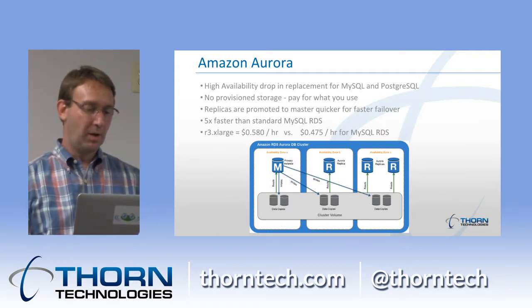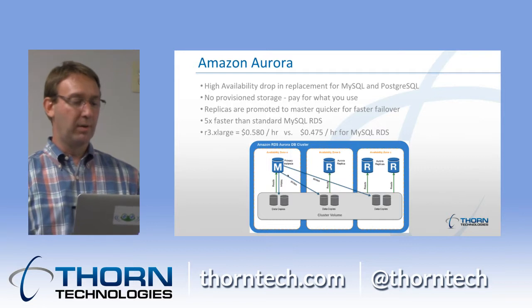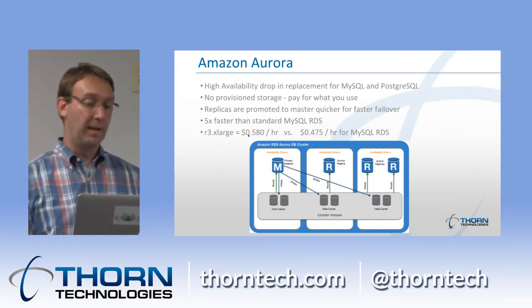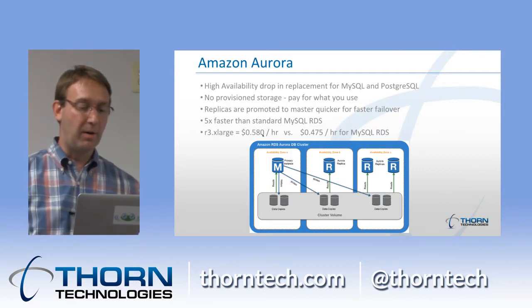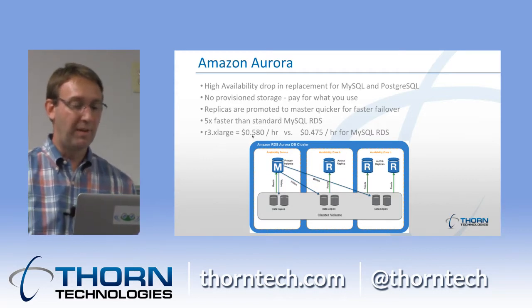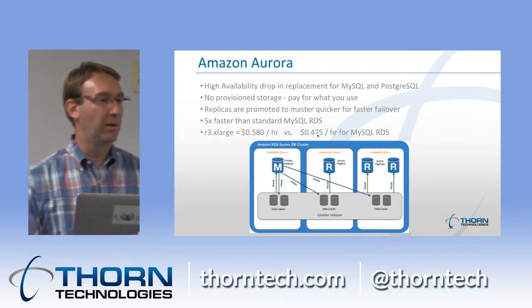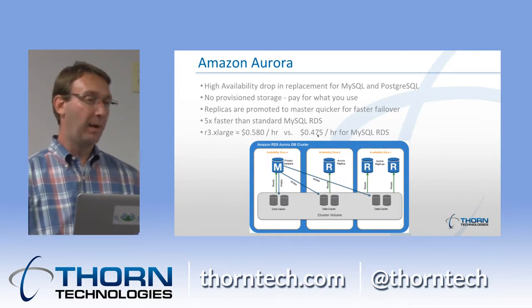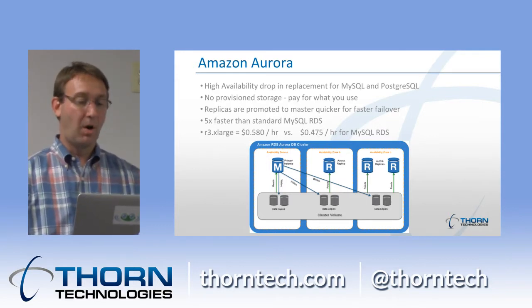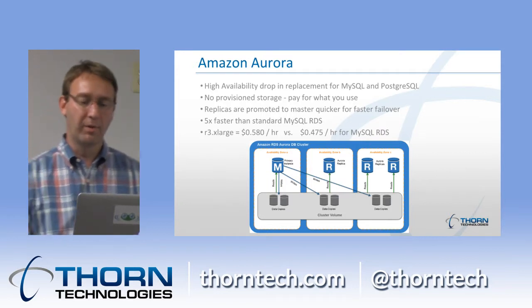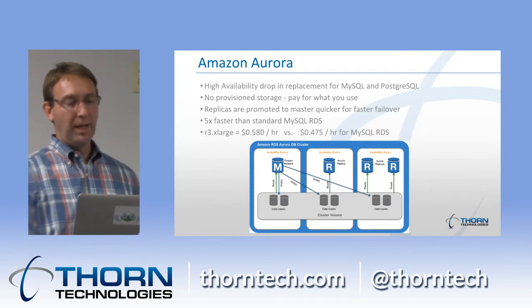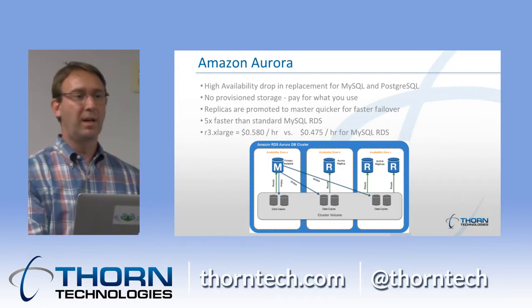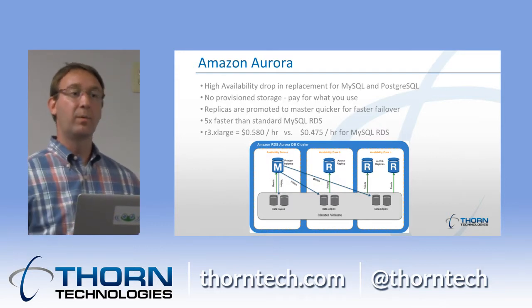Aurora for an R3 extra large on demand is 58 cents an hour versus 47.5 cents an hour for MySQL RDS. So really, the benefits that you're getting outweigh the cost difference versus traditional RDS. I think this is really the future of where Amazon is going with their database products.